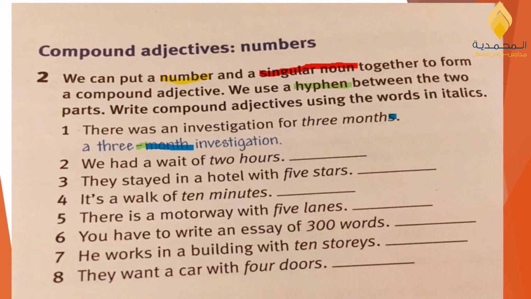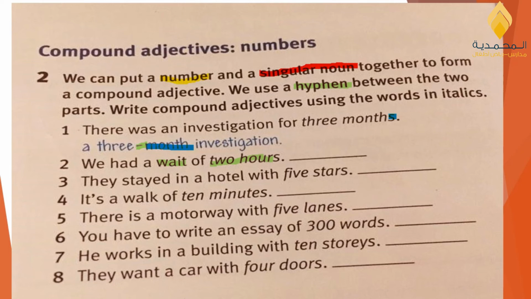So now let's try to write a compound adjective using the words in italic. There was an investigation for 3 months. A 3-month investigation. We had a wait of 2 hours. That means we have to write 2, after that a hyphen, then hour, wait.